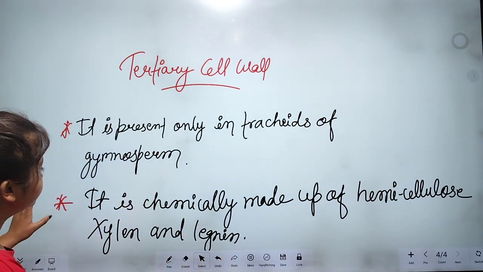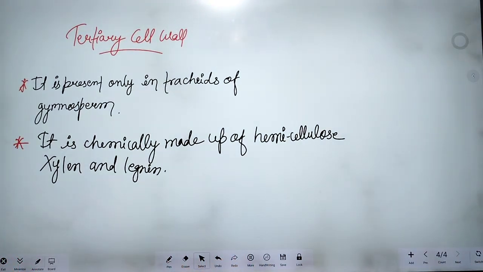Okay. It is about the tertiary cell wall. So I hope you understand about all the parts of the cell wall, that is the primary cell wall, secondary cell wall and the tertiary cell wall.